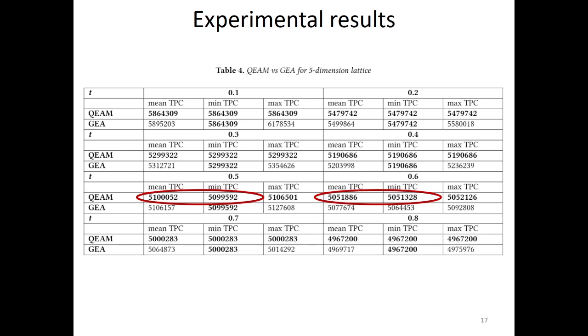What seems to be the best solution found by GEA, or the genetic algorithm, also called the minimum TPC, is almost always the mean TPC of QEAM. That means that QEAM found that solution for every single run, since mean equals minimum equals maximum for all thresholds except 50 and 60%, as shown in the table.